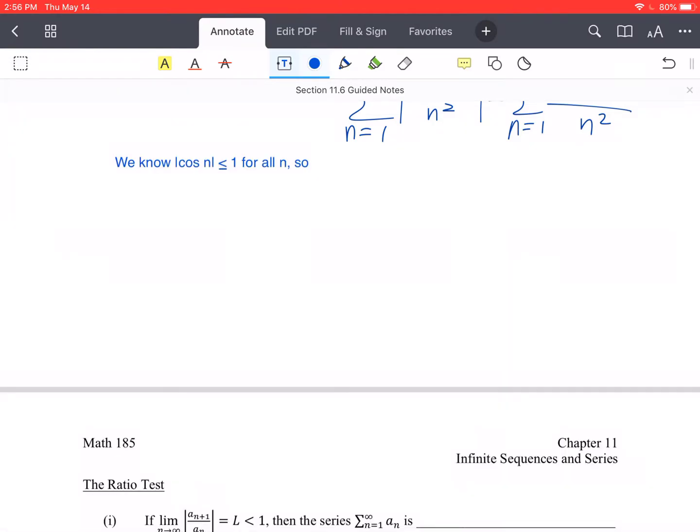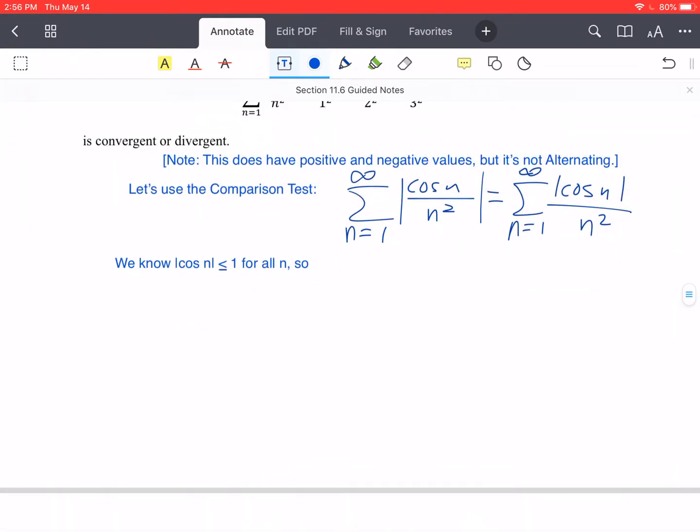So, what that gives us is that the absolute value of cosine of n over n squared, since the absolute value of cosine of n is less than or equal to 1, this fraction must be less than or equal to 1 over n squared.